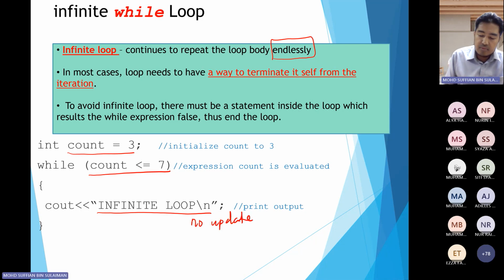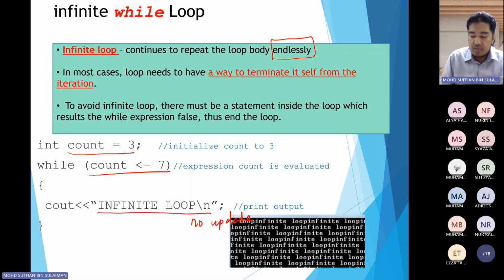So what happens? It loops endlessly, never stops. This is what we call a defective loop. It means there is not all three elements. We need the initialization, the condition, and the updated value. In this case, we don't have the updated value. So what happens? Infinite loop.